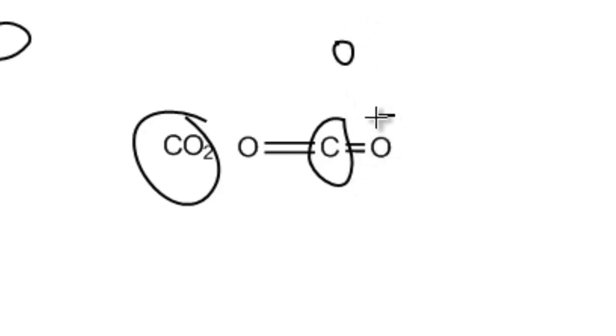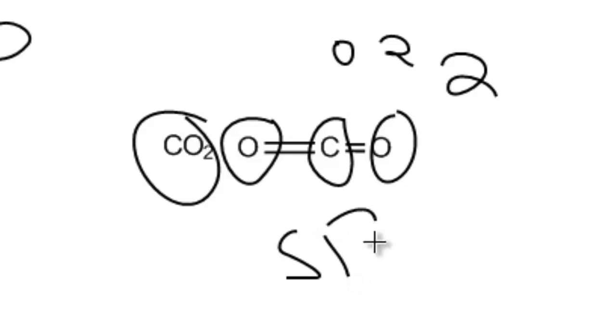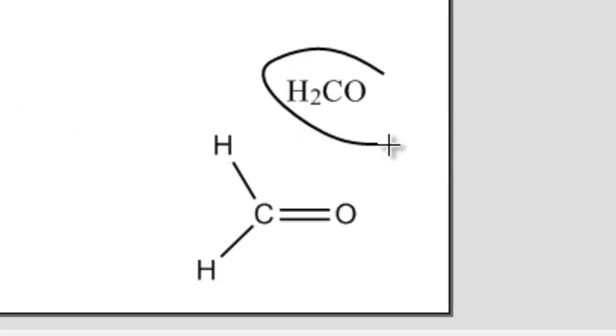On the right it's connected to one oxygen, and on the left it's connected to another oxygen, so 2 atoms. If we add 0 lone pairs and 2 atoms, that gives us 2, and if it's 2 groups, it's sp.